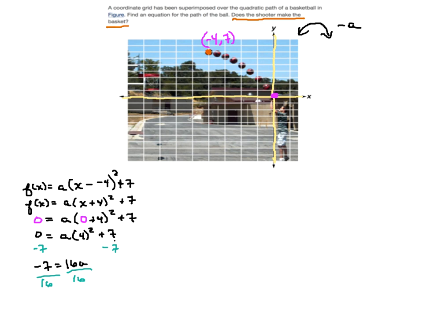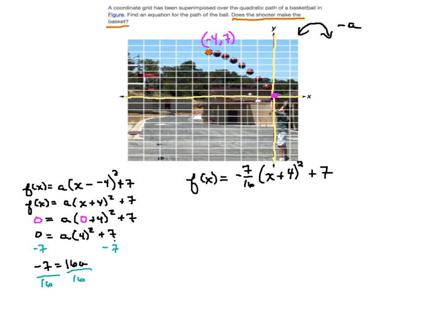That's a yucky stretch factor, negative 7/16. Okay, so here's my function. f of x equal to negative 7/16 times x plus 4 squared plus 7.